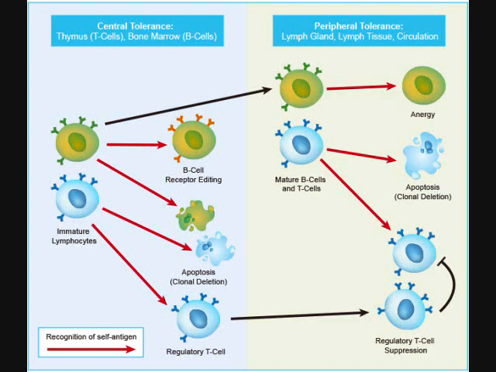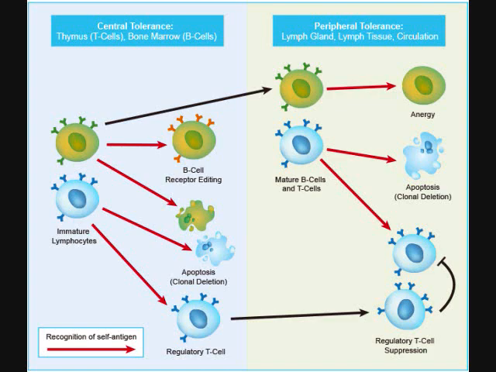Finally, self-reactive T cells can be deleted in the periphery through apoptosis, which will be induced by the death receptor FAS and upregulation of its ligand, FASL.